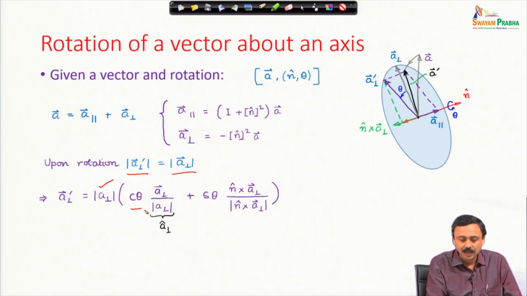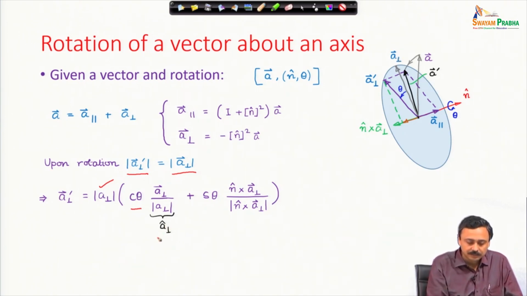Now, cos theta is the projection of a unit length on the unit vector A perpendicular cap. How do I find A perpendicular cap? The A perpendicular vector divided by its magnitude gives the unit vector in that direction.